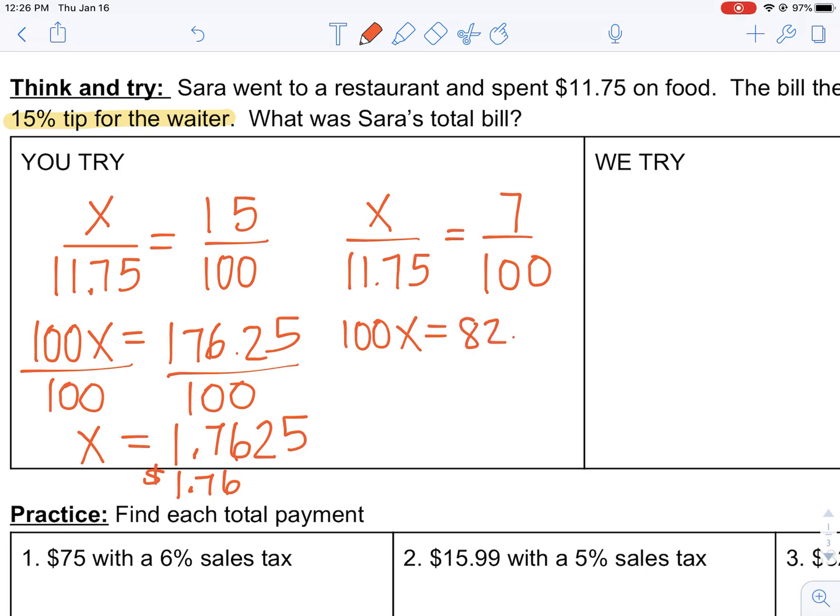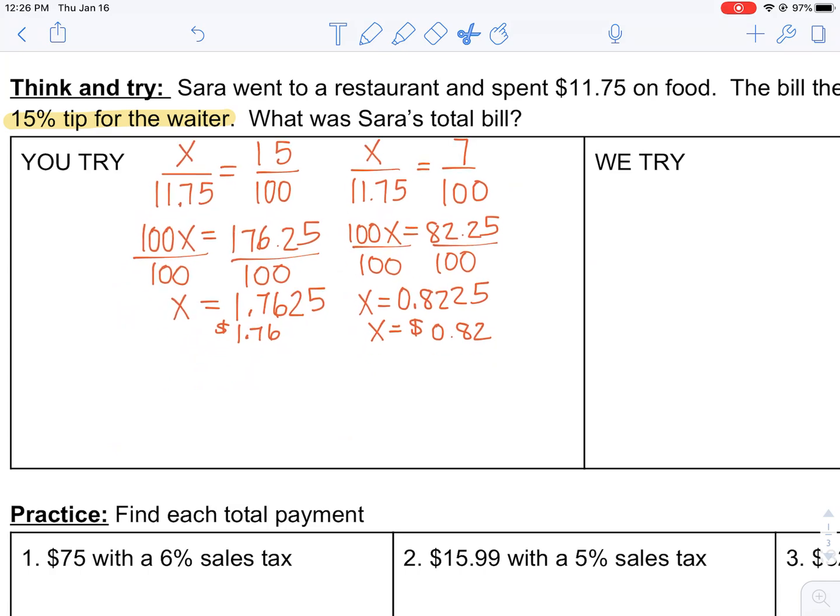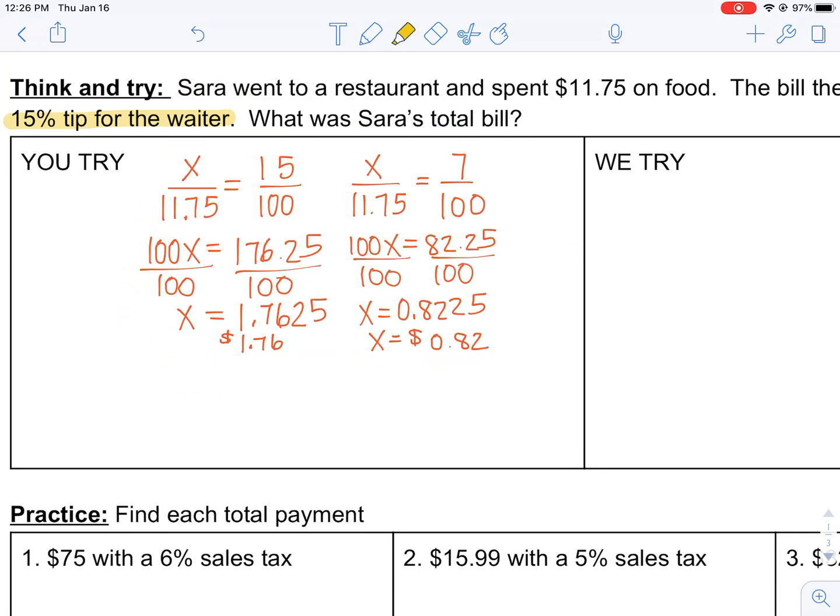Cross multiply and get 82.25 divided by 100. And that comes out as a decimal. Remember, dollars and cents. This is going to be 82 cents rounded. So when I get my tax and tip separately, my two were $1.76 and 82 cents.